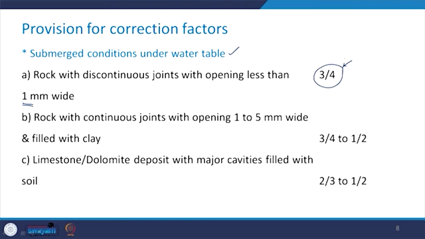In case of the rocks with continuous joints with opening from 1 to 5 meter wide and filled with clays, then this correction factor varies between 3/4 to 1/2, and in case the limestone or dolomite deposit are there with major cavities which are filled with soil, this correction factor becomes 2/3 to half.